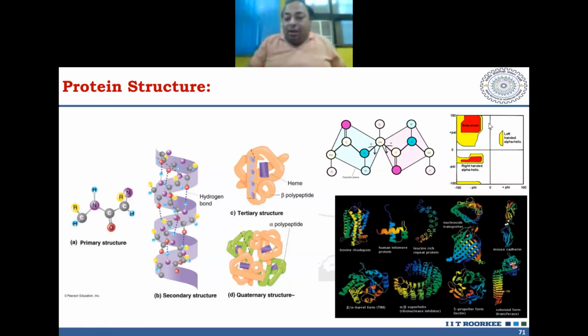I will talk more about that, but again, just to summarize, the C double bond O, NH is the connective bond between two amino acids, and it should be a single bond. Then there will be a free rotation, and that free rotation allows protein to adopt millions and billions of conformations.